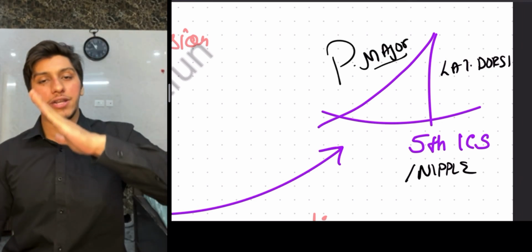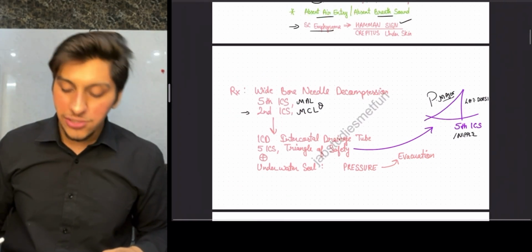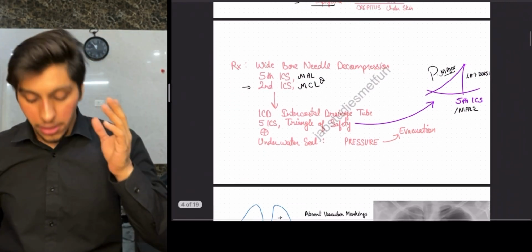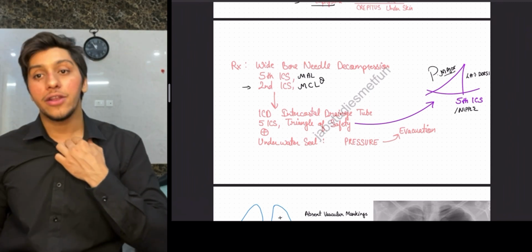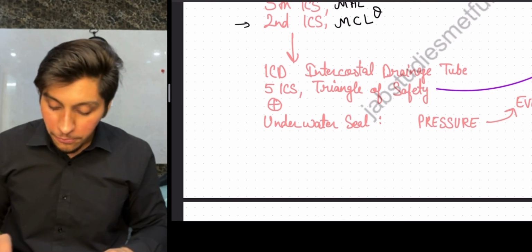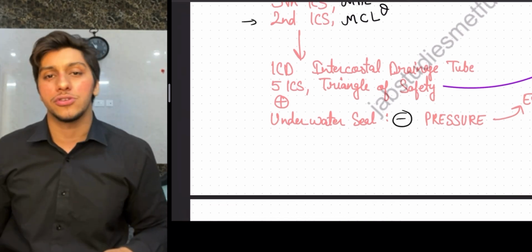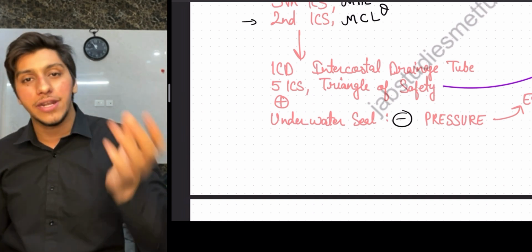Remember: pectoralis major, latissimus dorsi, and the intercostal space. That is your triangle of safety in which you're going to put the intercostal drainage tube. Along with that, you will have an underwater seal bag. And what type of pressure does this underwater seal bag have? It releases negative pressure, so all the water, all the fluid, all the air can come out.